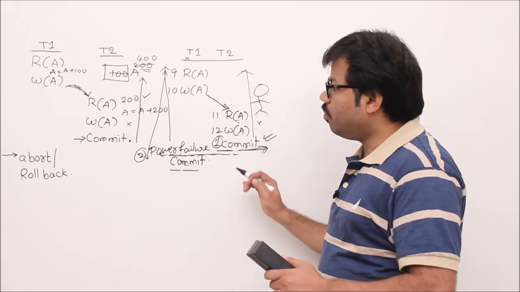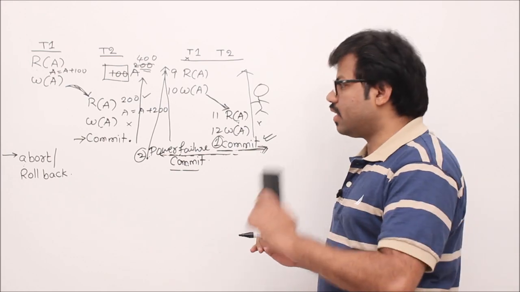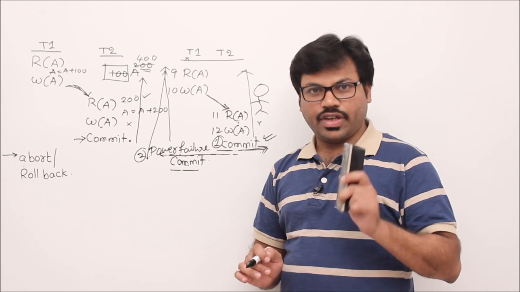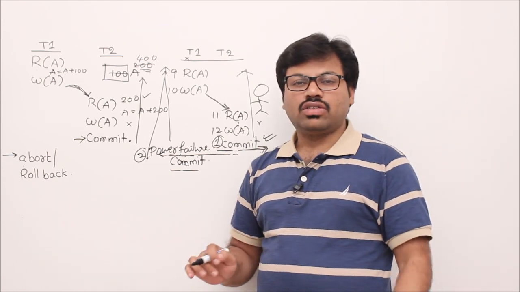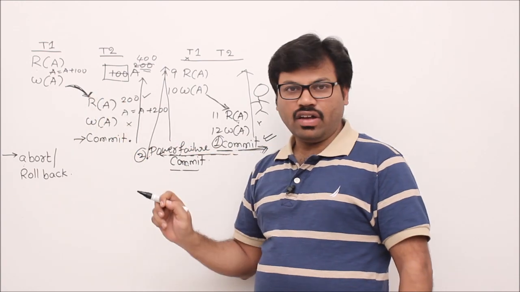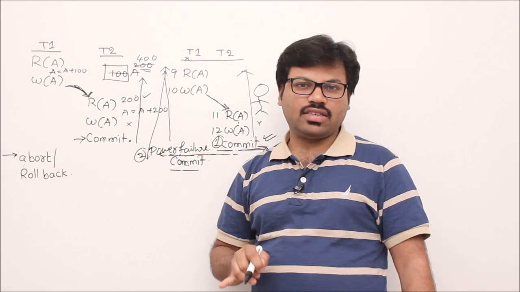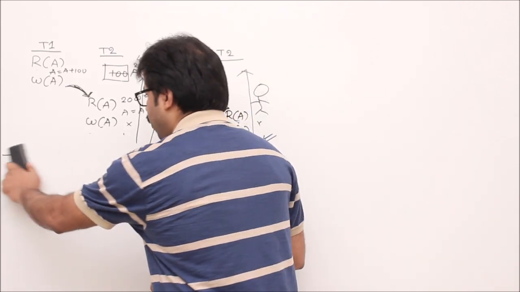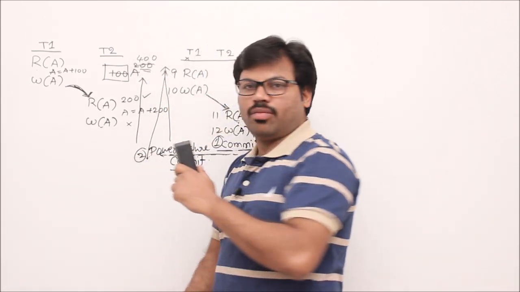Understand? And one important point I will tell you, for easy recognition, given a schedule, whether it is recoverable or non-recoverable is the question. Remember one thing. Whenever you take dirty data or wrong data, don't commit before the other transaction. That is a problem. If you don't commit, remember from now onwards, taking the dirty data is no problem.